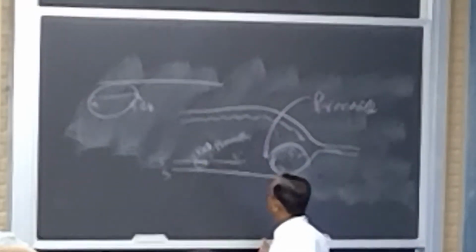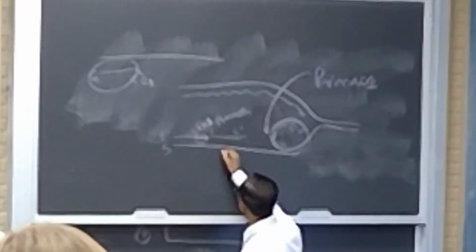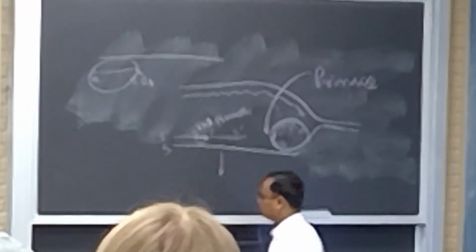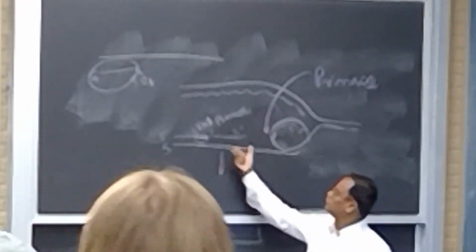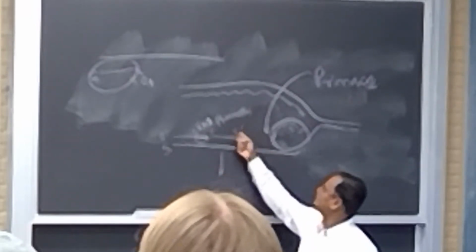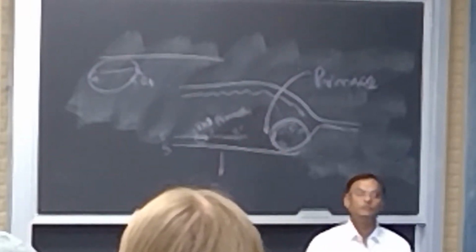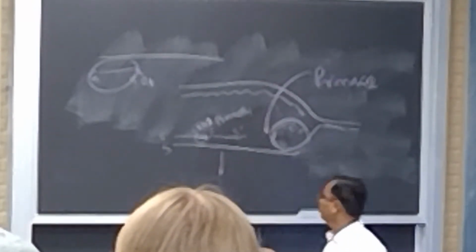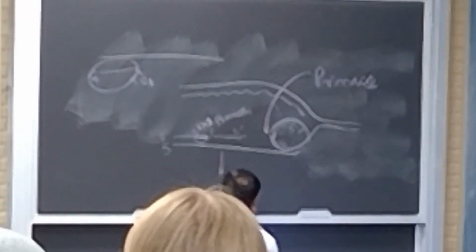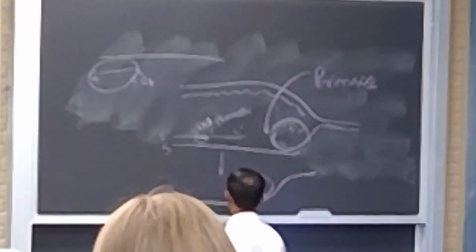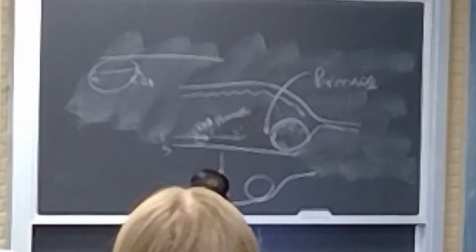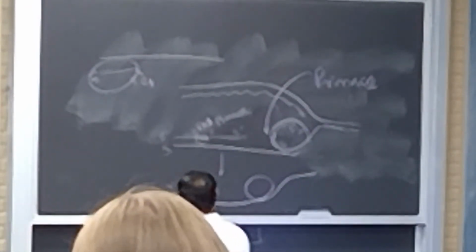So when these Okazaki fragments need to be joined together, the RNA primer at the 5 prime end needs to be removed. Does it make sense? This is the 3 prime end, this is the 5 prime end.